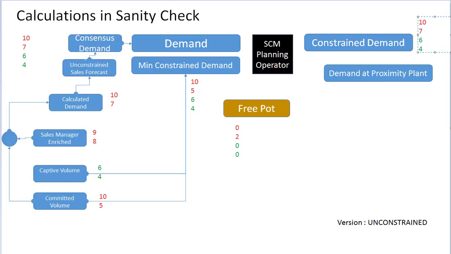The key objective of the sanity check is to obtain, after the heuristic has been run, the values of the key figure demand at proximity plan.